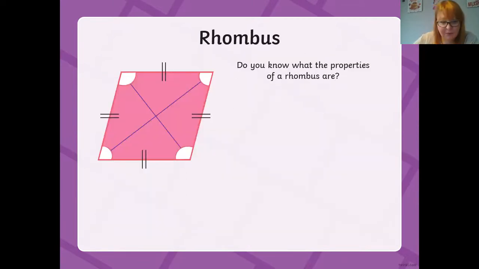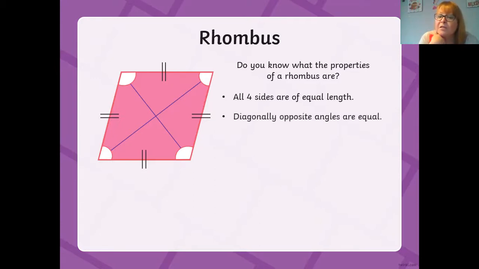Then we're moving on to my rhombus, not my diamond, my rhombus. The properties are all 4 sides are equal length, but it's not a square. Diagonally opposite angles are equal.